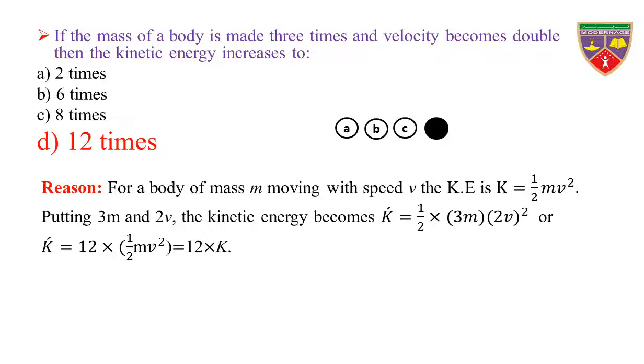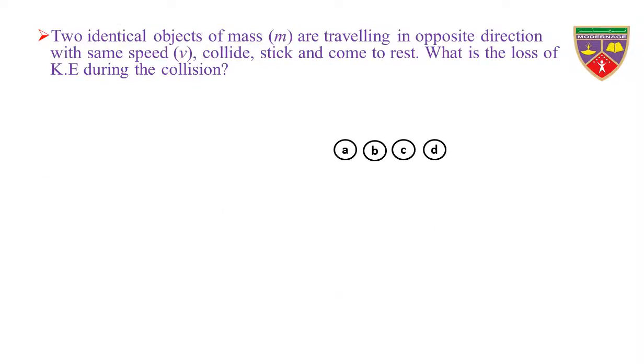Putting 3m and 2v, the kinetic energy becomes K' = 1/2 × 3m × (2v)², or K' = 12 × 1/2 mv², which is equal to 12K. Hence, kinetic energy increases to 12 times.